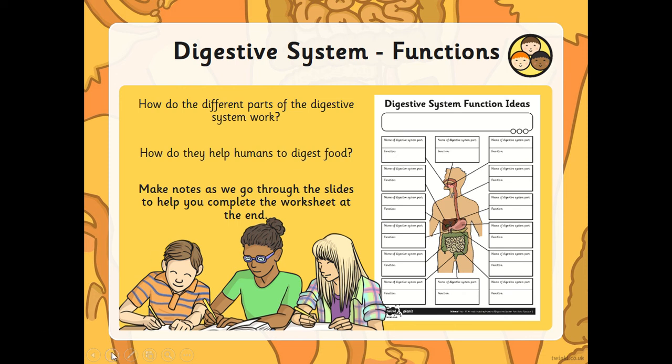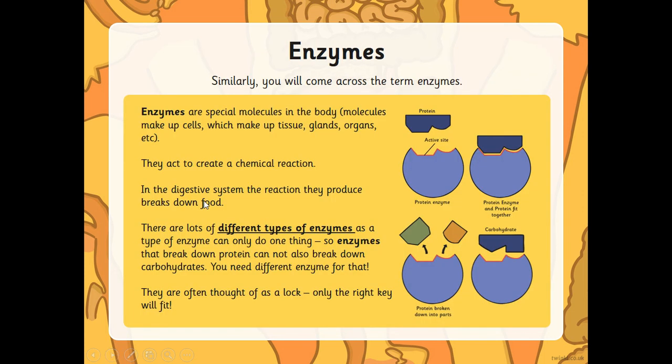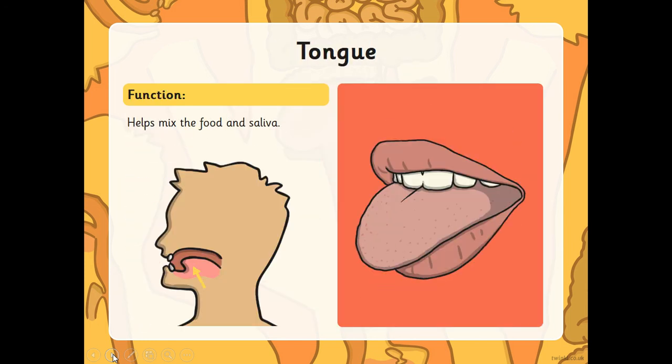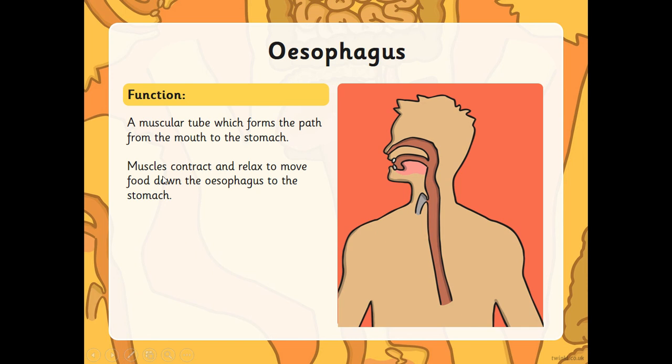Okay, so there's not a lot of room there, so you can't write a lot, so I don't expect you to have copied whole reams, just a few notes saying what happens when the food gets to that part of your digestive system.